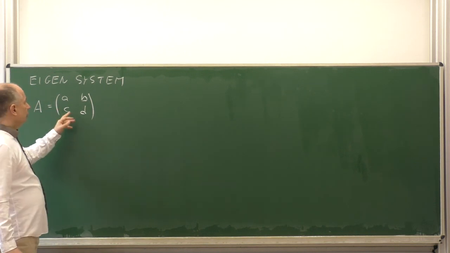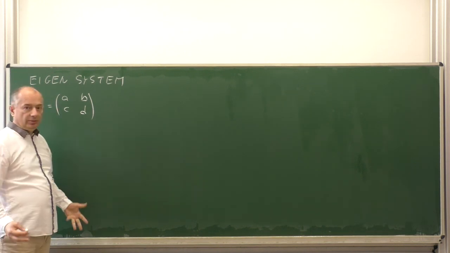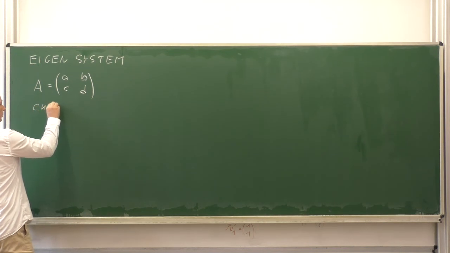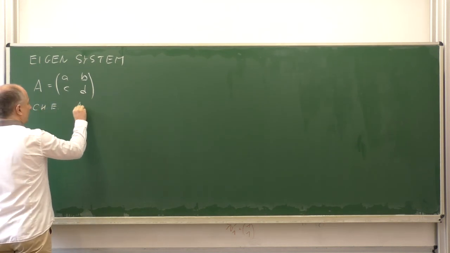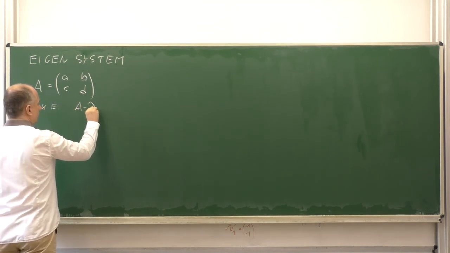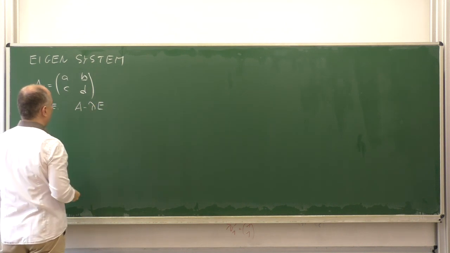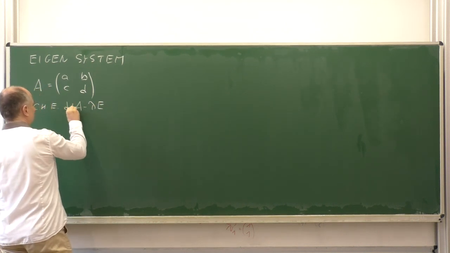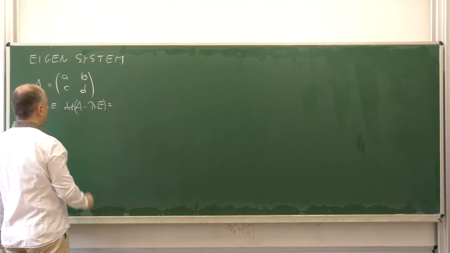Consider a general 2x2 matrix with entries A, B, C, D. The characteristic equation is the determinant of A minus lambda E equals 0. Let me first prepare this.